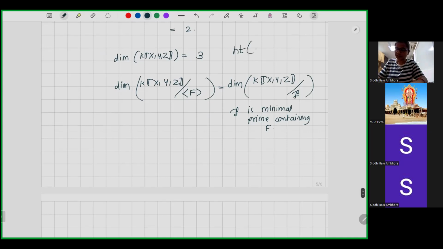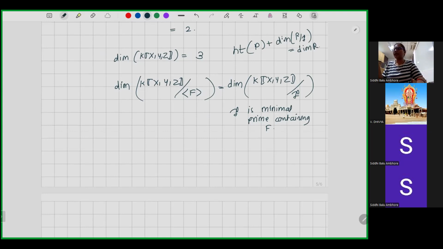We are using this in short: height P plus dimension of R mod P is equal to dimension of R. So when I'm quotienting by some non-zero element, it will have some prime factor.